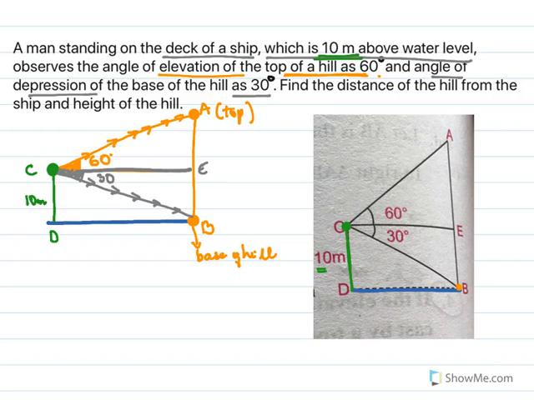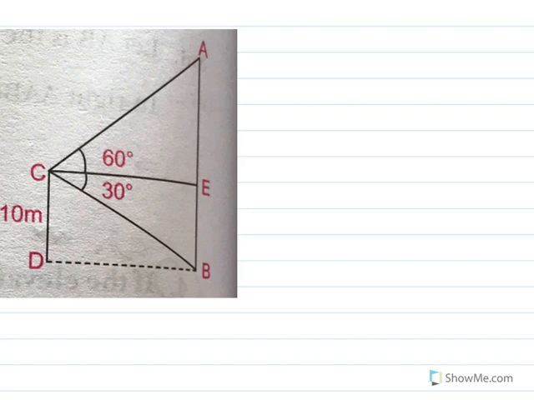Here AB is the hill, and from C he looked at the top of the hill, making an angle of elevation of 60. Then from the same point he was looking at the bottom of the hill, and the angle of depression was 30 degrees. So first we'll take up the triangle with 60, that is triangle AEC.